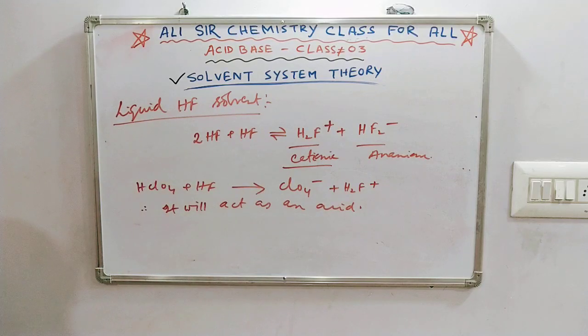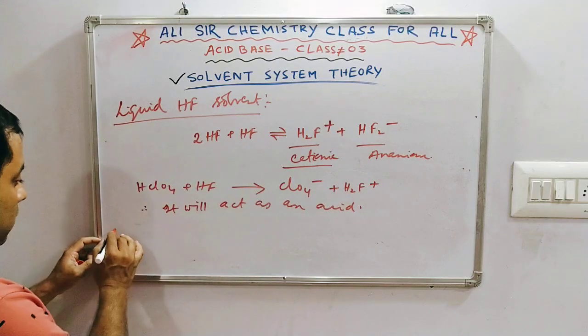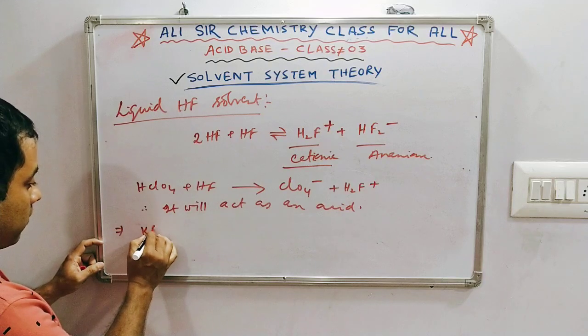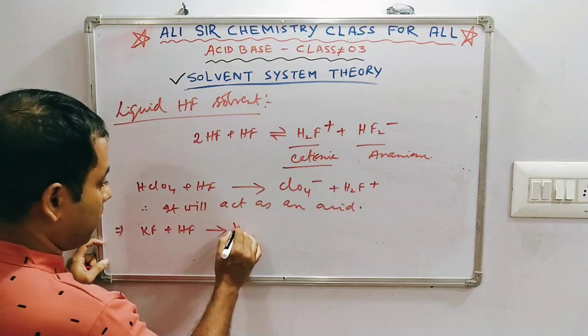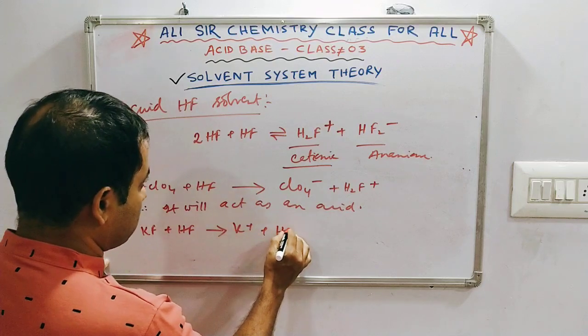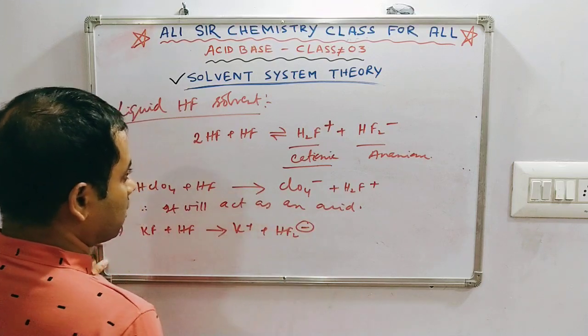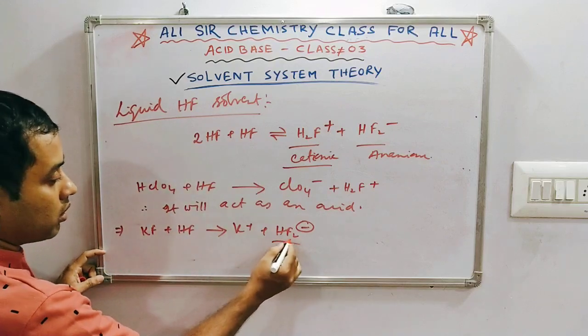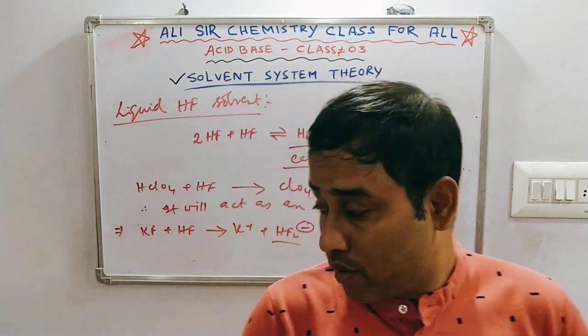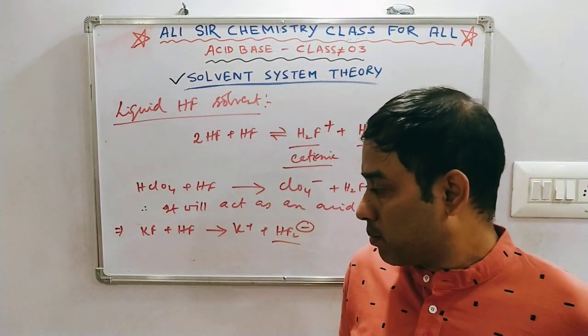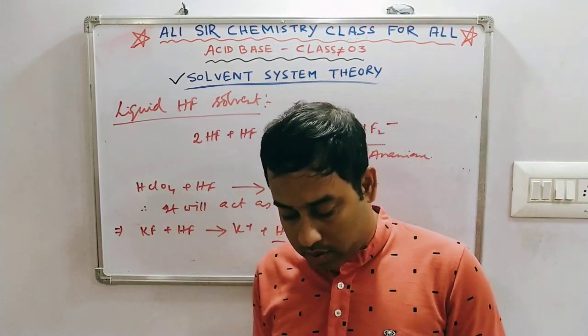Say another example of a basic compound. For example, KF taken in HF will form K plus and HF2 minus. HF2 minus increases the anionic part of the solvent HF, so KF will act as a base in HF solvent.